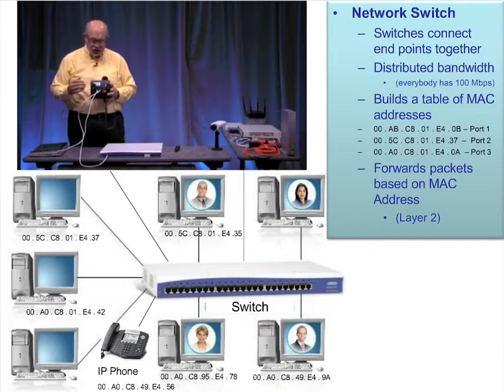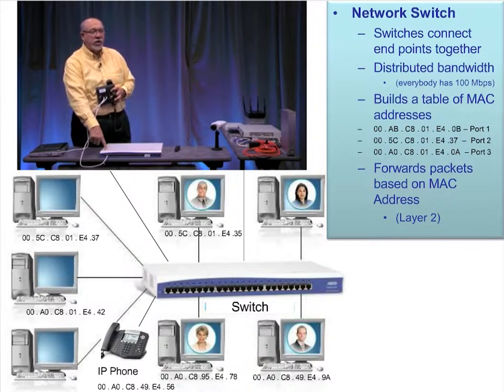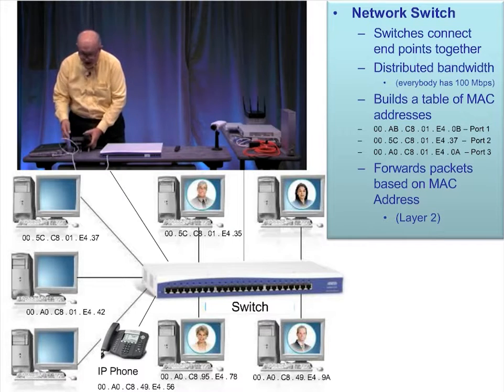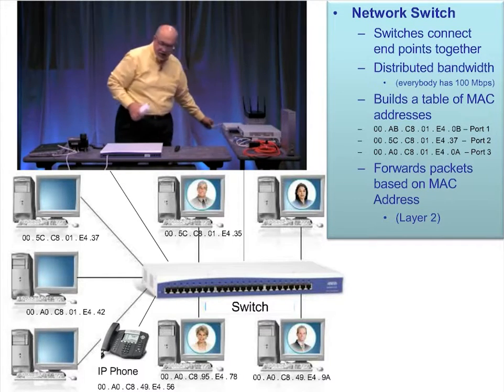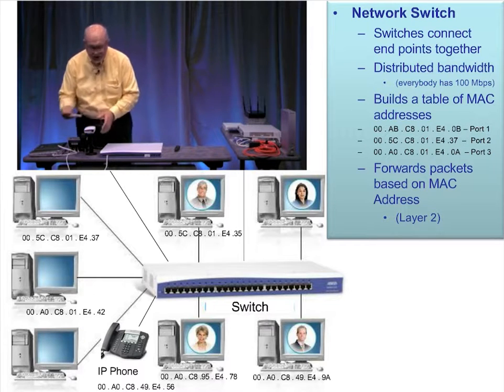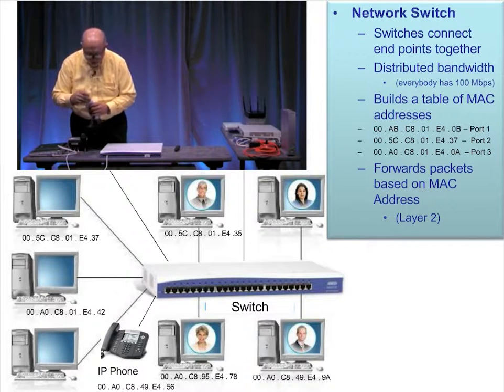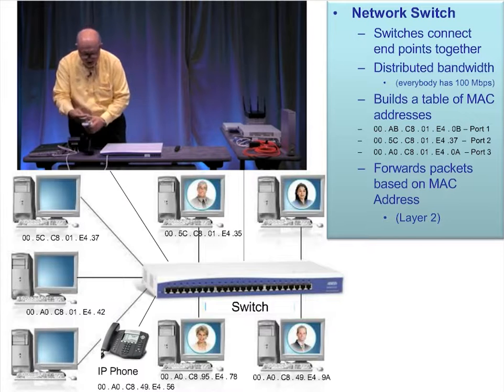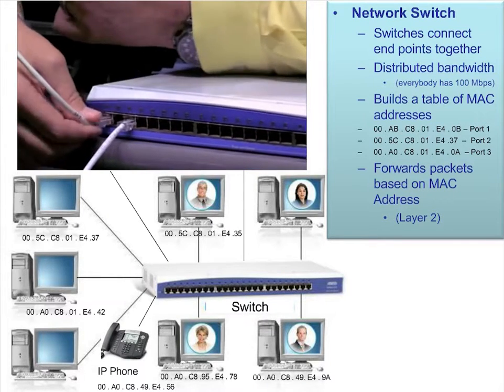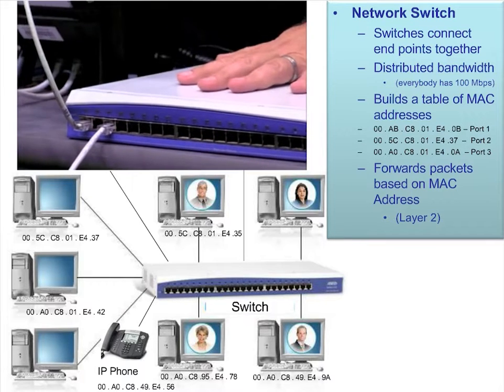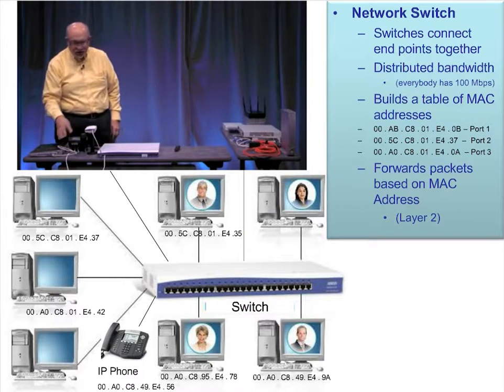So the phone is acting like a switch, and I get two devices on one switch port, which is interesting because now I haven't used a port here. I've got an extra port that I can plug another device into. So I'll bring another device into the network. Here's a video surveillance camera that we'll bring into the network. There we go. And you can see now that I have two devices on one port.